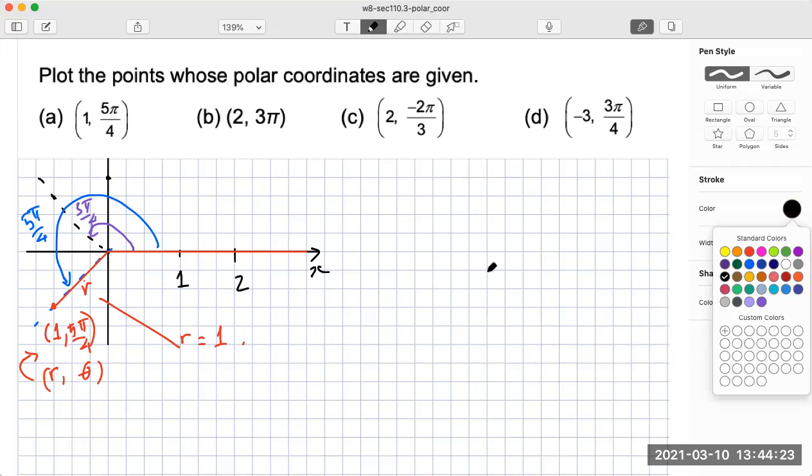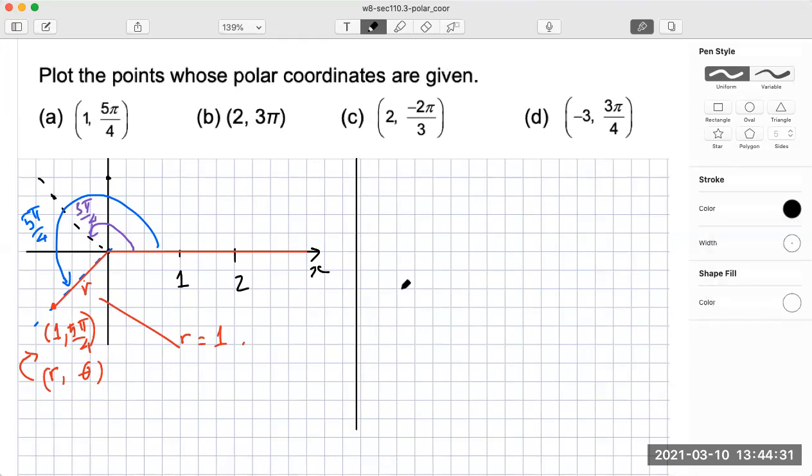Okay, now let us try question B here. So the coordinate is right here. Suppose, imagine this is the x coordinate. Okay, let us pick the unit. 2 is right here. 1 is right here.